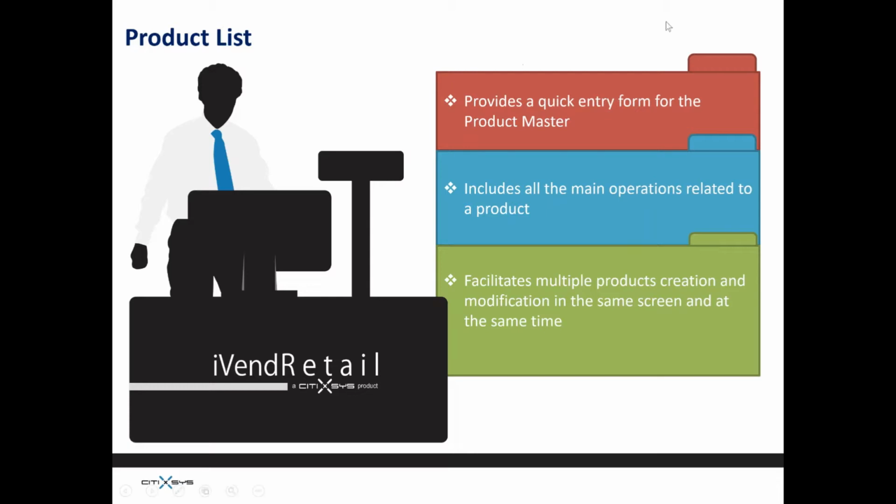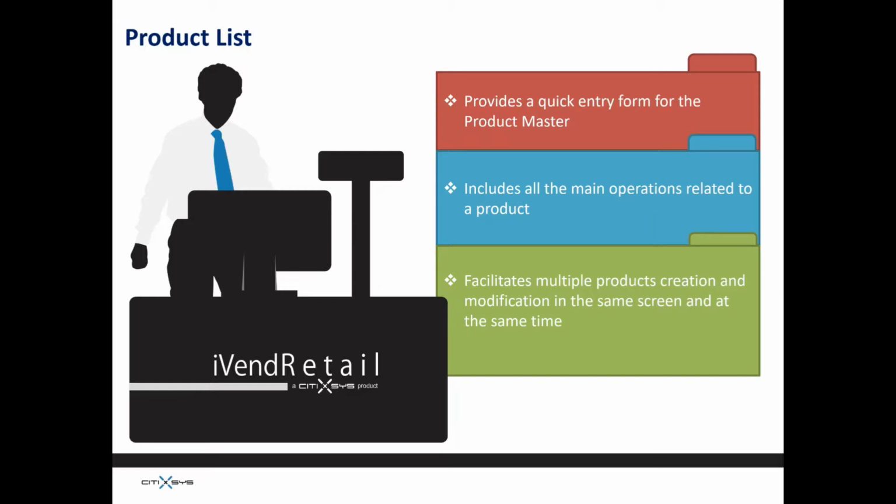As you know, right now the only way to add or edit a product is through the standard product master option in iVend Retail. But now this is a new form that you can use.